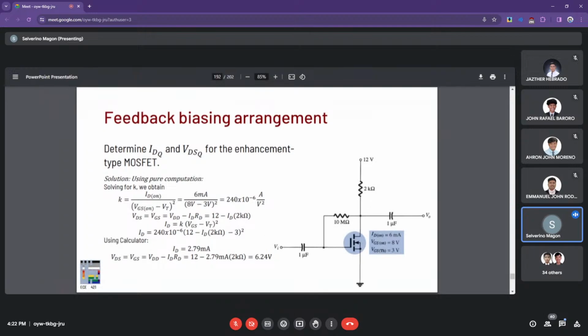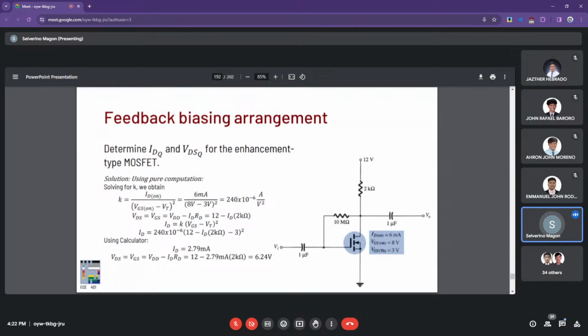Rearranging that, we have the expression for VGS, and VGS is equal to 12 minus ID times 2K ohms. And so we have another expression for ID right here. Okay, so we already have the K value, and we have the expression for VGS and ID.